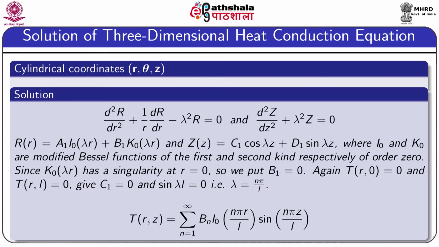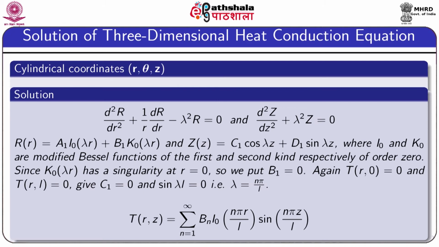Again, you can notice that the Bessel function of second kind K0 has a singularity at r equals 0. So, in the expression of capital R, we can take B1 equals 0 to remove this singularity.